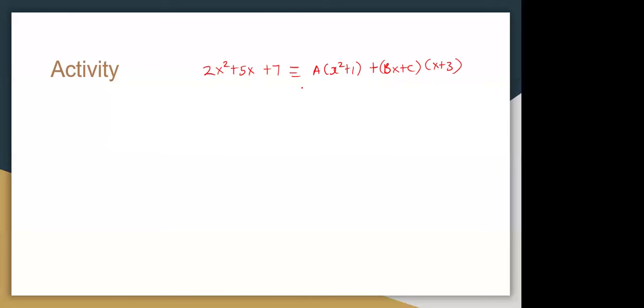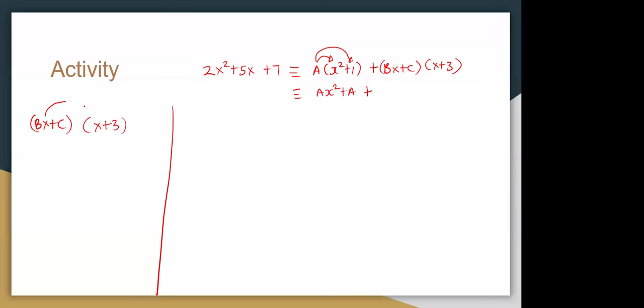Now, what you do, you open your brackets. So here, we shall have ax squared plus a. Because this a is going to multiply the 1. Plus, you open the brackets here. The whole of this x plus 3 multiplies the x in simple terms.